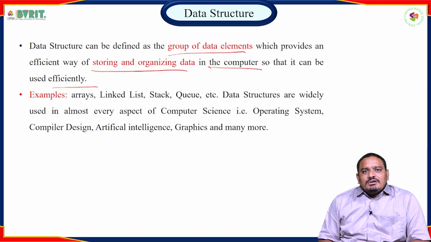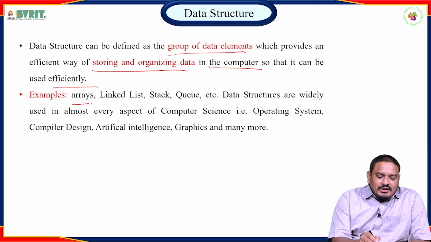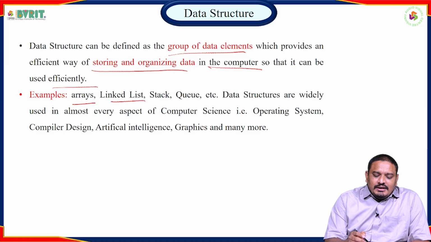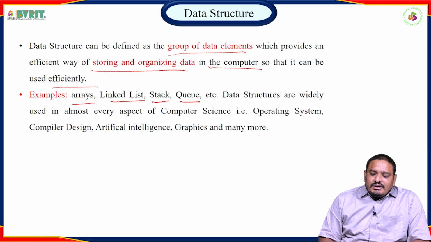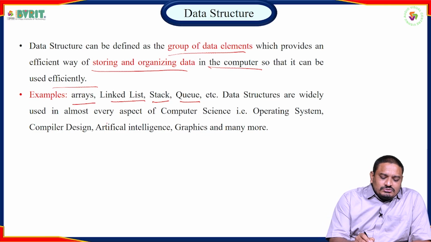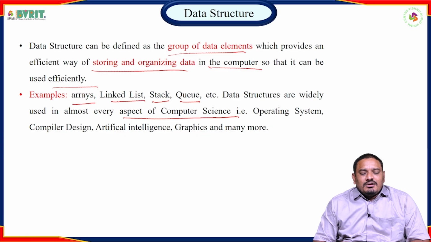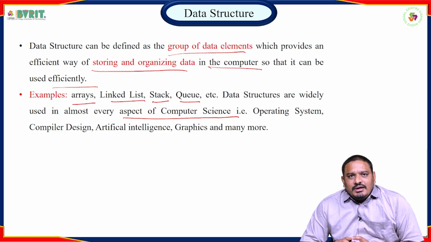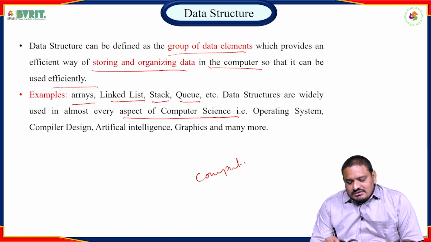Here are different examples of data structures. What are the different examples? First are arrays, linked lists, stacks, queues, like that. Data structures are widely used in every aspect of computer science, mainly by computer science students.